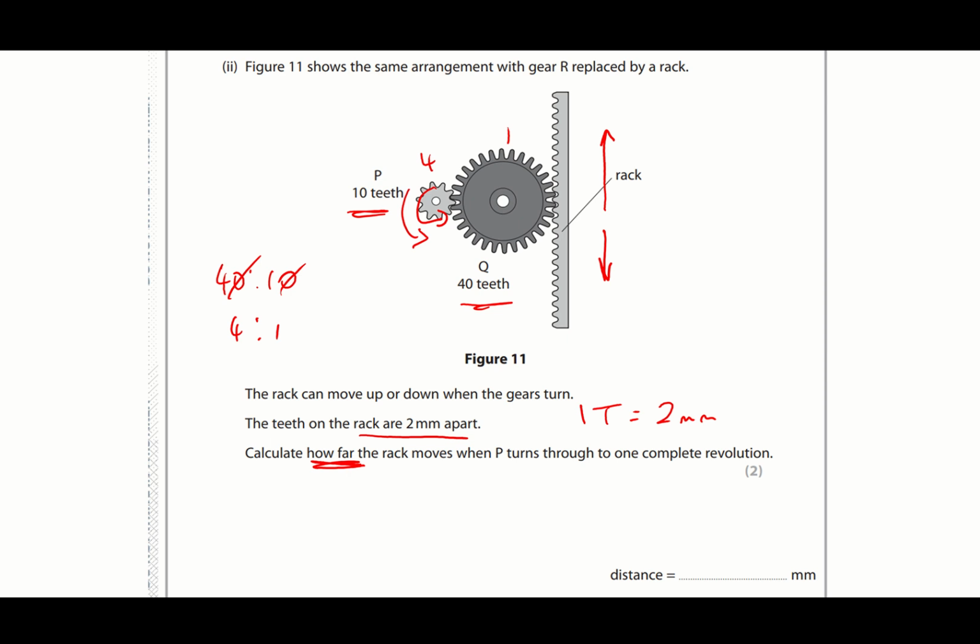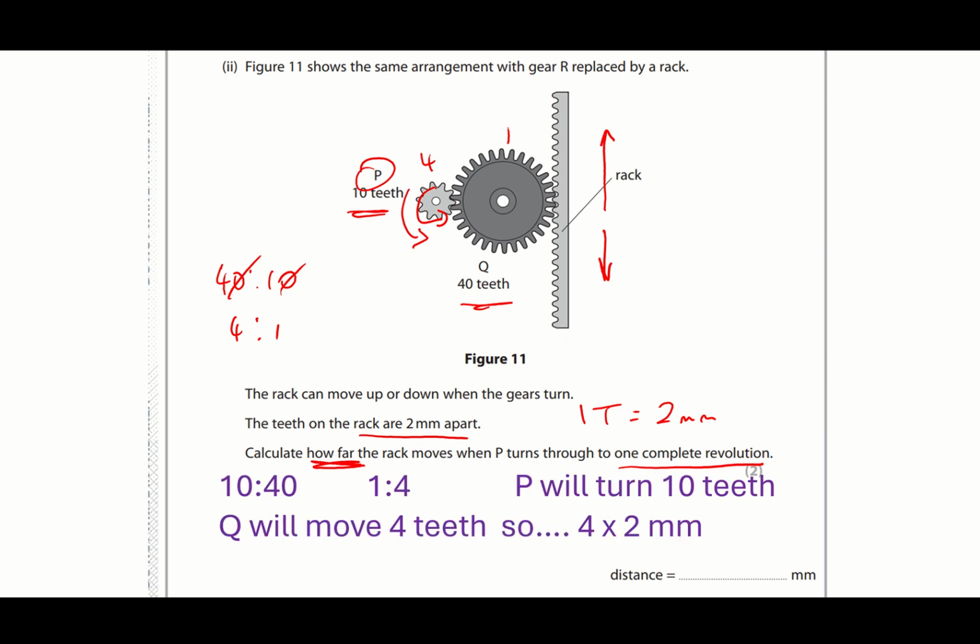It says how far when P goes through 1 complete revolution. So when it does 1 complete revolution, it's gone around 10 teeth. So Q will have turned 4 teeth. 4 times 2 is 8 millimeters. Job done.